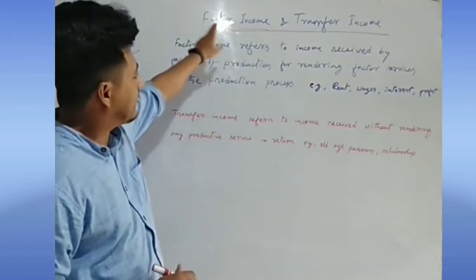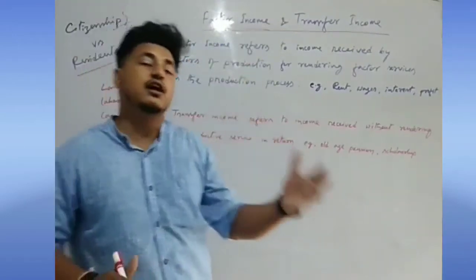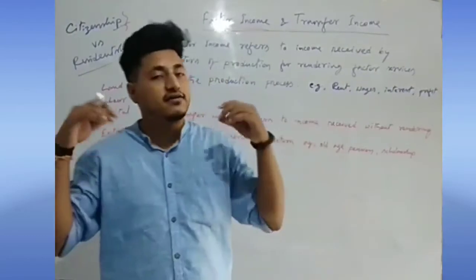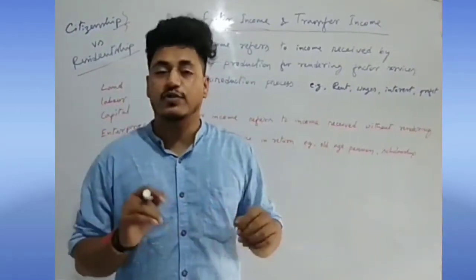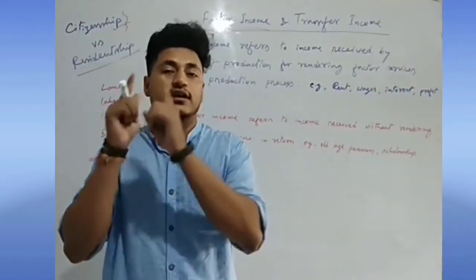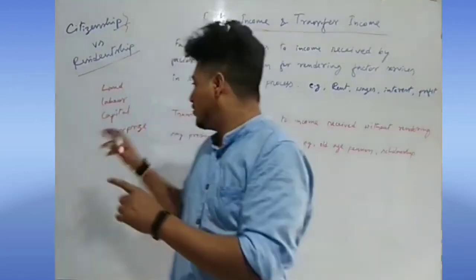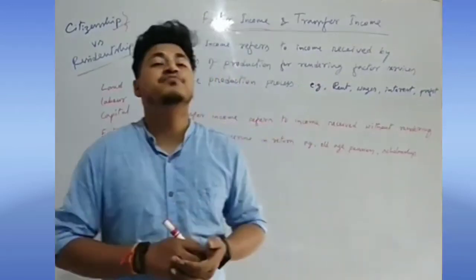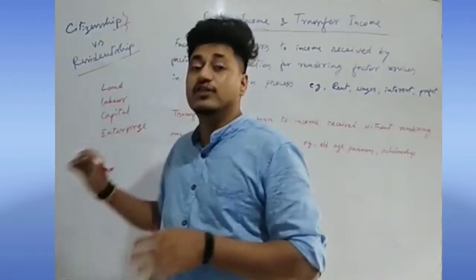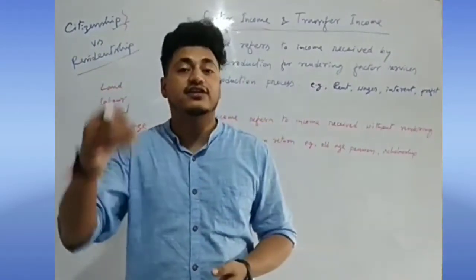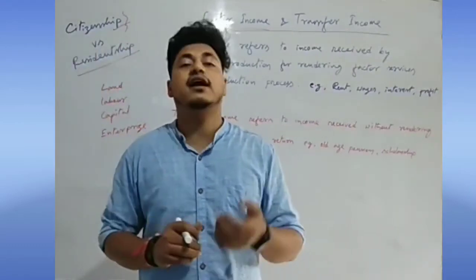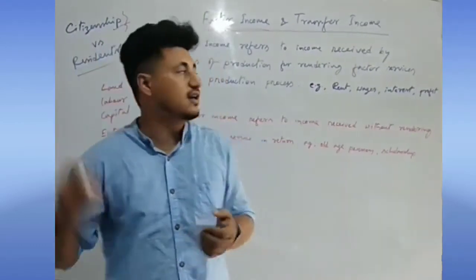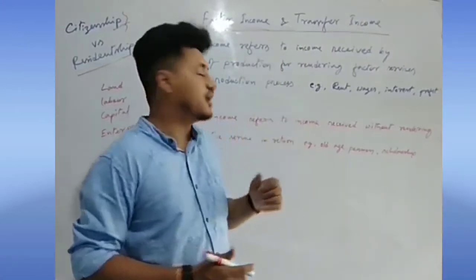Next, we have discussed factor income and transfer income. Factor incomes are those incomes received by the factors of production. What are the factors of production? Land, labor, capital, and organization or enterprise or entrepreneur. They receive it for rendering factor services. फैक्टर सर्विस प्रोवाइड करने के लिए उनको जो इनकम मिलता है उसको हम फैक्टर इनकम बोलते हैं.